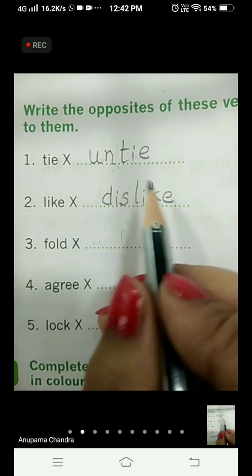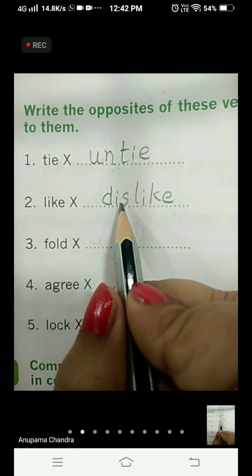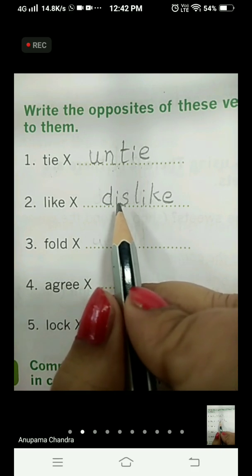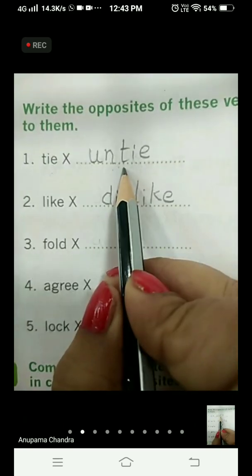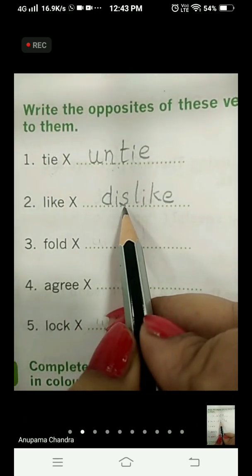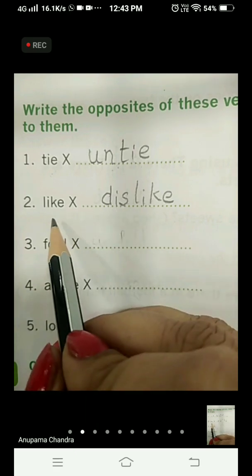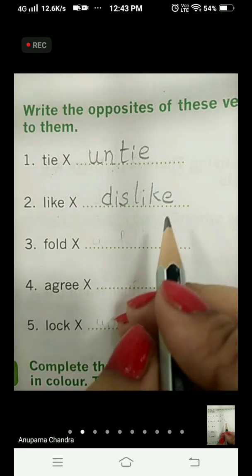Then like becomes dislike. First we have used un, that is tie, untie. In the second word we are using dis to make the antonym, like, dislike. Okay? Let's see the third one.